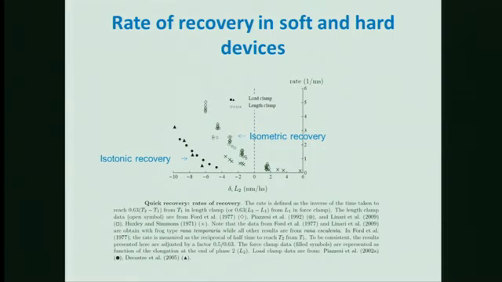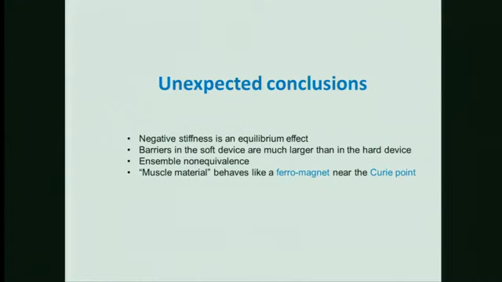The isometric recovery has been known for a long time, and Huxley was focusing his theory on this regime, but more recently there are several papers which seem to indicate that this type of viscoelastic response would be very different. It can be like 5 times more slow in the conditions which we would call soft device than hard device. So this is also strange for a material.